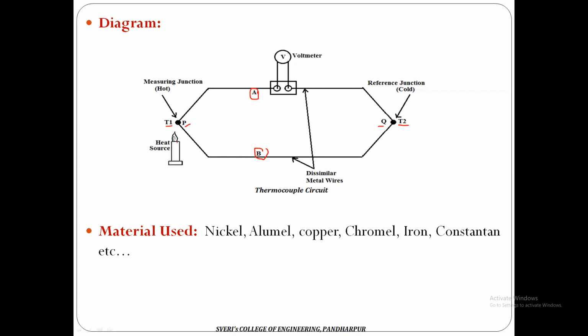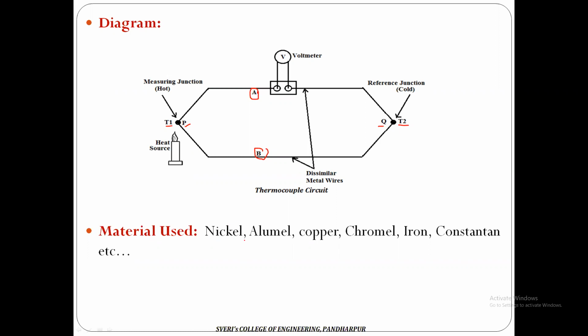And now, as we know that T1 is greater, due to the difference in this temperature gradient, if you connect a voltmeter, it is observed that the voltmeter shows a certain reading, and it indicates that EMF is generated in these two wires, or in this circuit. So based on that, which types of two metal wires are used? Here there are different metals.